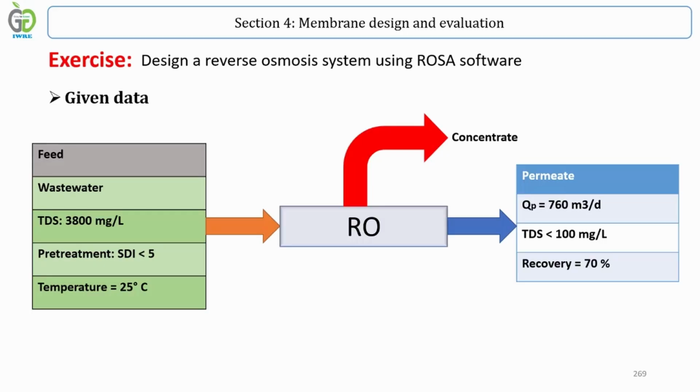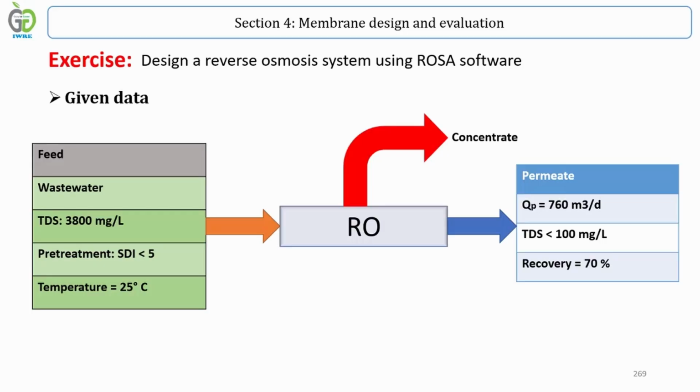In the case study that I have also done, you can change the elements and use other elements in the software and compare the feed pressure, TDS, and some parameters to see which element can operate better than the others.